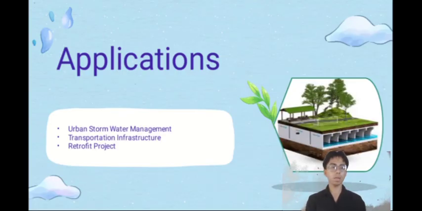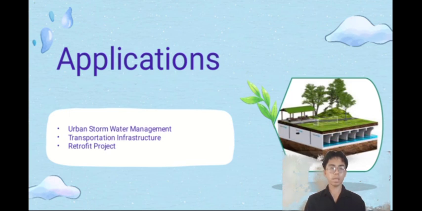Now let's move on to where we can use these stormwater detention systems. A stormwater detention system is widely applied in urban development, highway design, and industrial facilities. Specific applications include urban stormwater management. It is used in residential neighborhoods and commercial developments to reduce the risk of urban flooding.